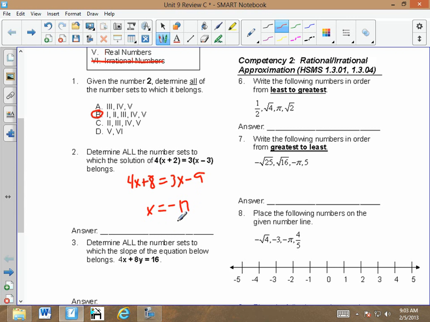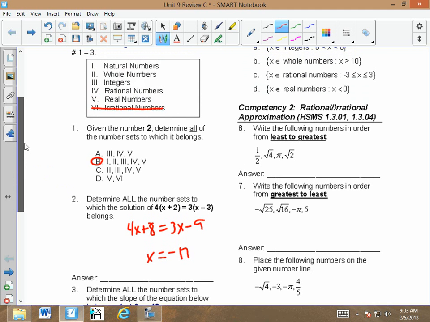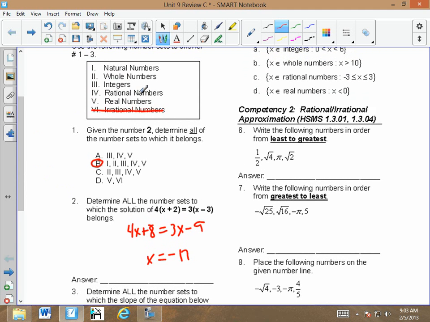Negative 17 is an integer. It is not a whole number because wholes are 0 and positives, not a natural, and it's not irrational. So now we are going to have 3, 4, 5. So the answer is 3, 4, 5.